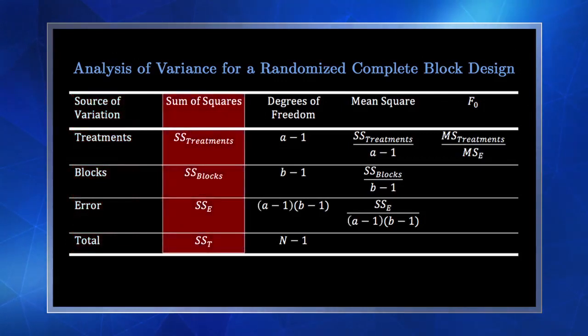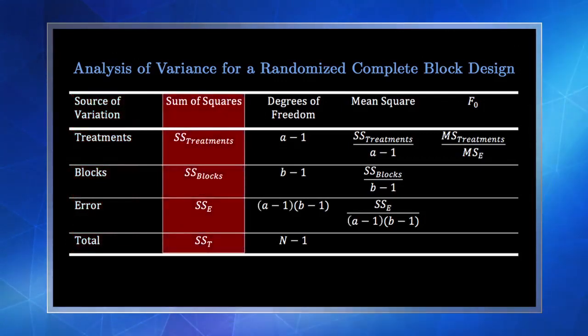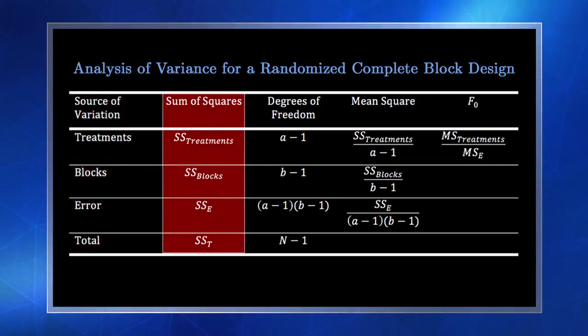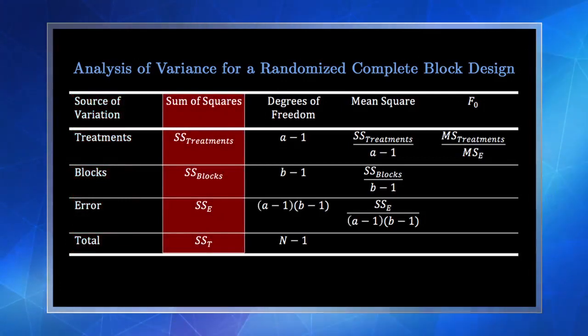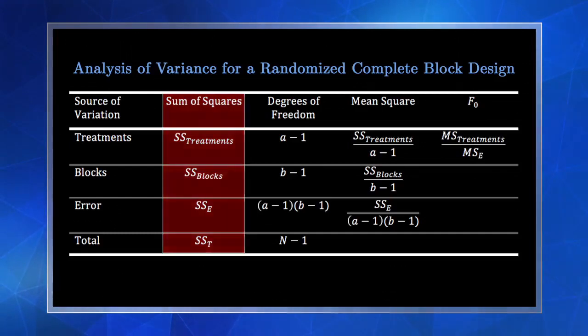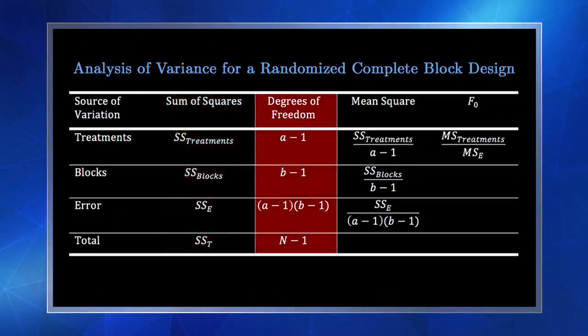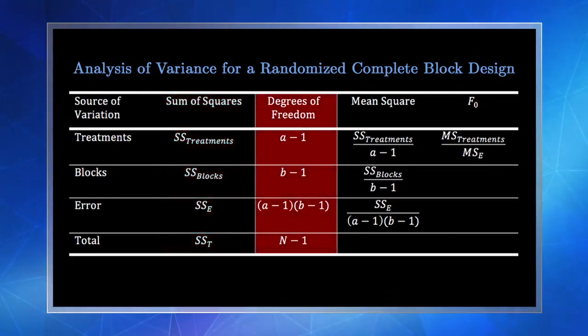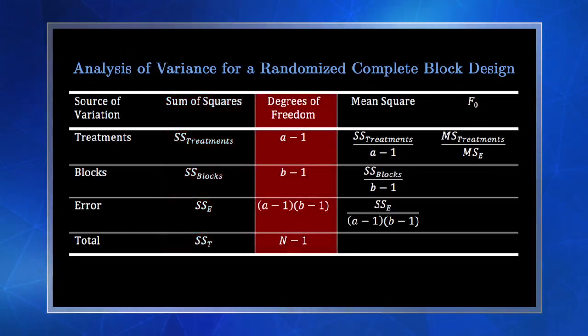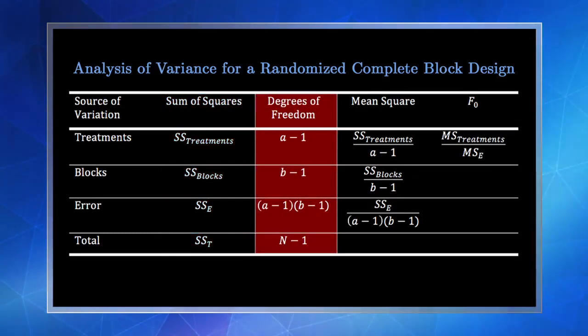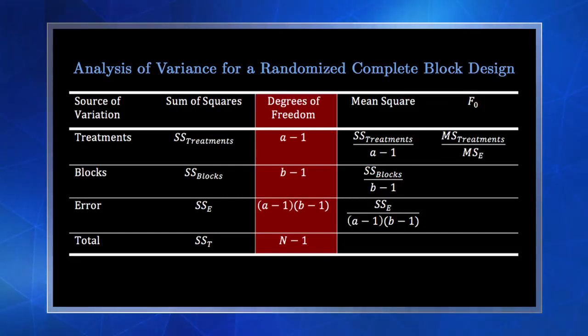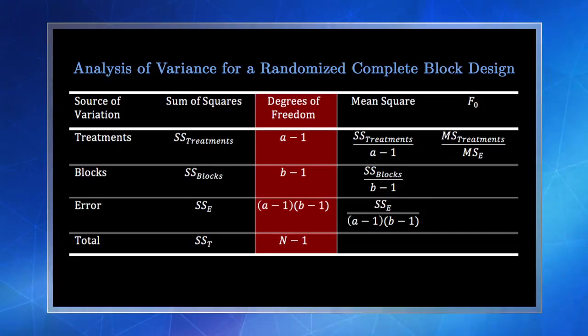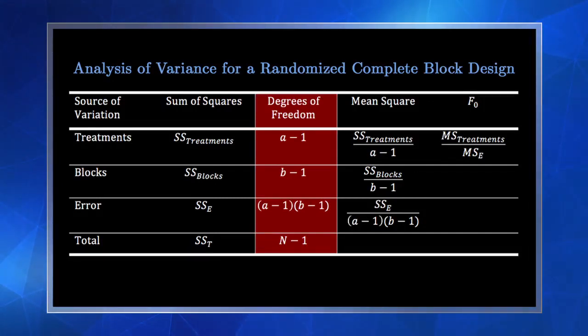Column 2 gives you the associated sum of squares: the sum of squares for your treatments, for your blocks, for your error, and for your total. Notice in column 3, here we get the degrees of freedom: A minus 1 for our sum of squares treatments, B minus 1 for the sum of squares blocks, A minus 1 times B minus 1 for the error, and N minus 1 for our total degrees of freedom.